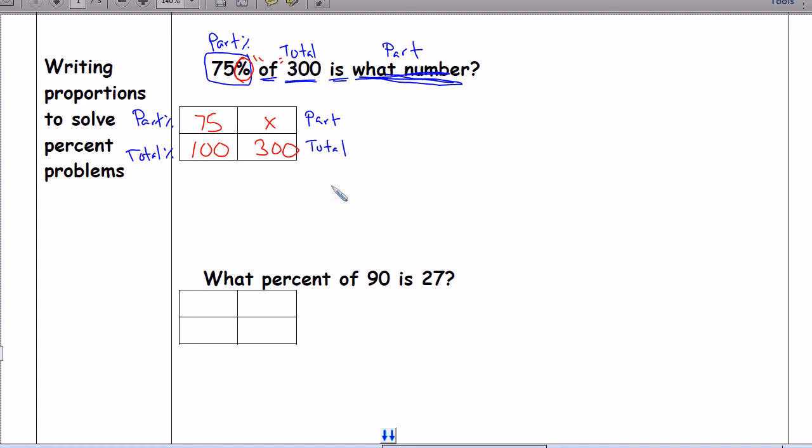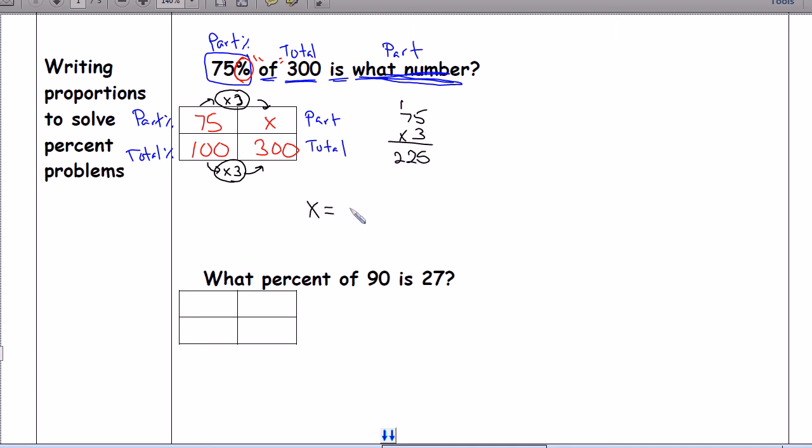So that's the proportion. To solve it, I can cross multiply and solve by division, or I can use a scale factor. In this one I can use a scale factor, because if I multiply 100 times 3, it gives me 300. So this is my scale factor, and I can use it on the top as well. If I multiply 75 times 3, I get my answer for x. 75 times 3: 3 times 5 is 15, carry the 1. 3 times 7 is 21, plus 1 is 22.